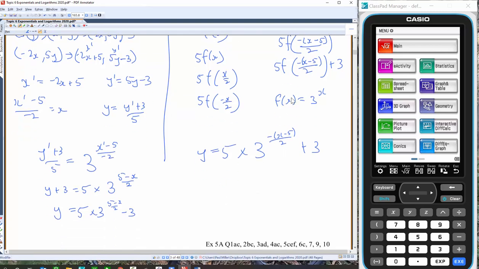What I did with this one here is pass the negative through and flip those around. So y equals 5 times 3 to the (5 take x) on 2 plus 3. So you can see there we yielded the same result, I think at roughly the same speed. I think there's more scope for error in this method personally, but it's not for me to decide, you decide.